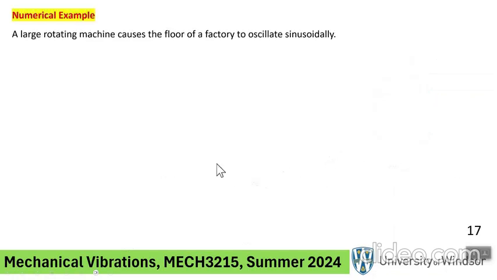Okay, let's do another example. Suppose we have a gigantic rotating machine that is turning due to imbalance, and there's a punch press close by which, because of the vibration of this gigantic rotating machine, is moved by the ground. So it creates a ground motion or base motion for this punch press.